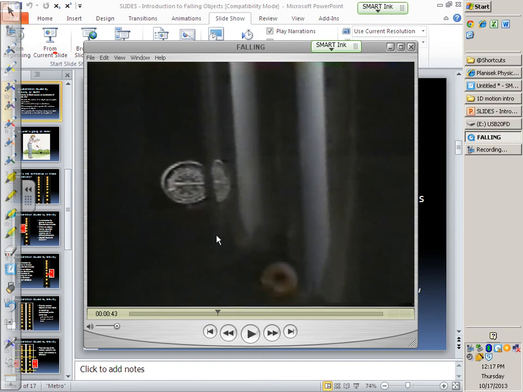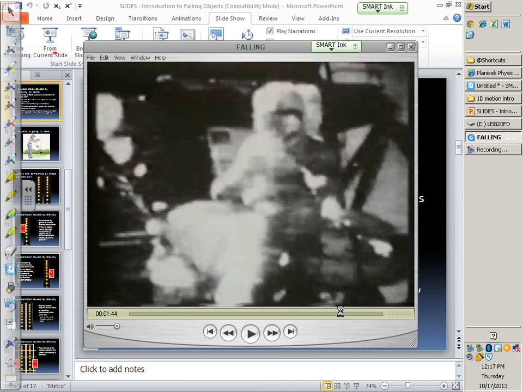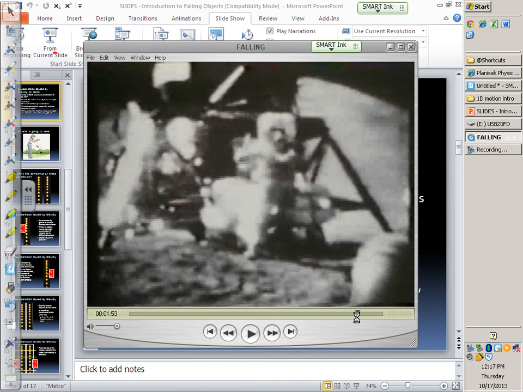Okay? But more to this point, when we talk about the feather and the hammer, we saw in the video that the feather and the hammer both hit the ground at the same time because we don't have to contend with that atmosphere issue on the moon that we do here on Earth.